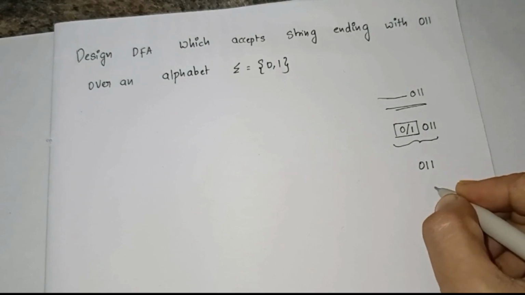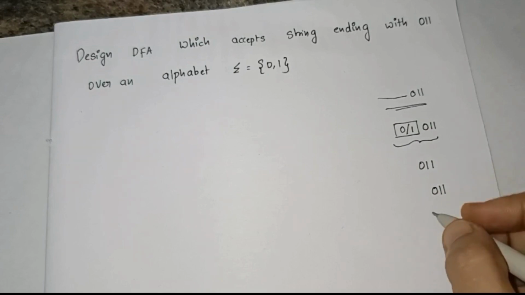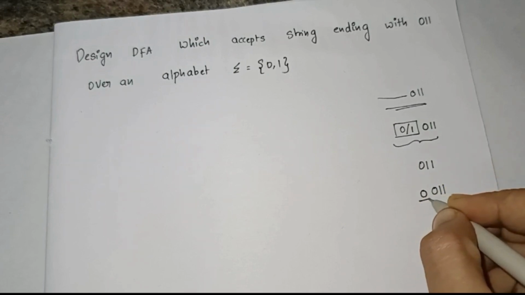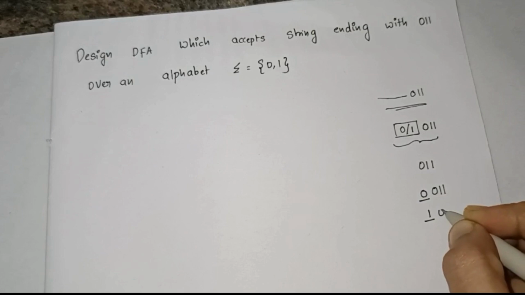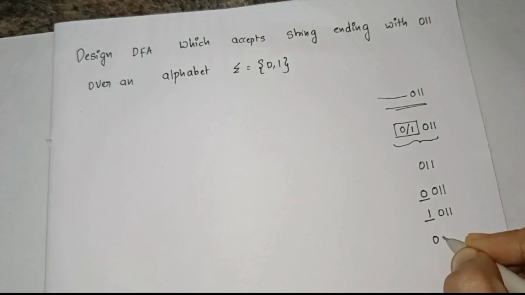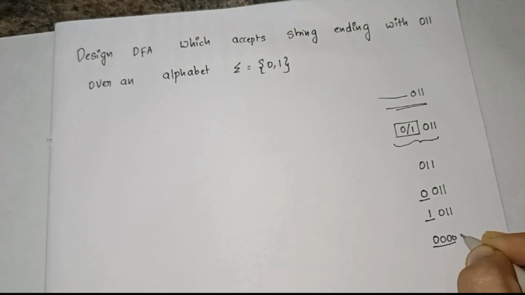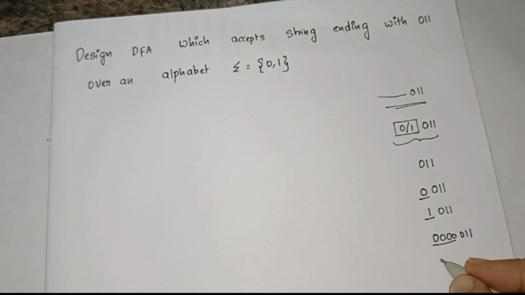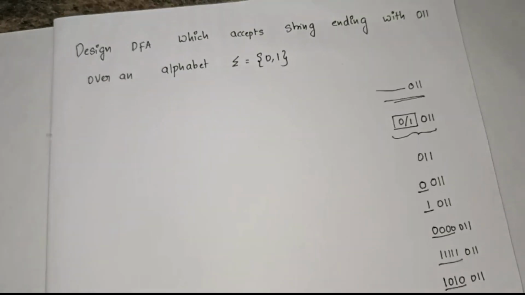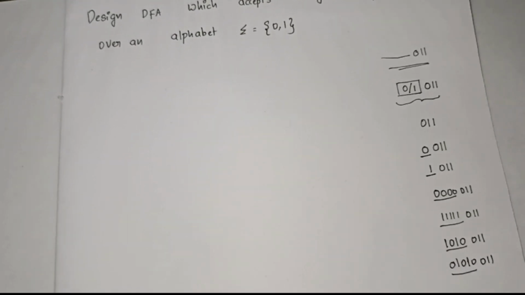Before this we can have any number of zeros and ones, means we can either have 0 or we can have 1, or any number of zeros ending with 0, 1, 1, or any number of ones ending with 0, 1, 1, or a combination of 1, 0, 1, 0 ending with 0, 1, 1, or a combination of 0, 1, 0, 1 ending with 0, 1, 1. Okay, so we can have combinations like this.